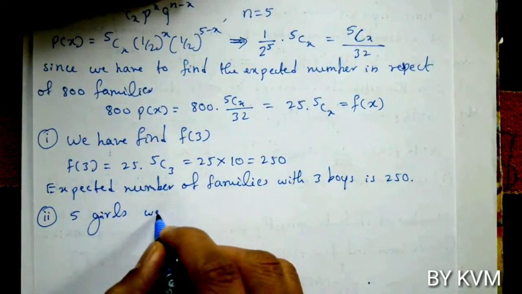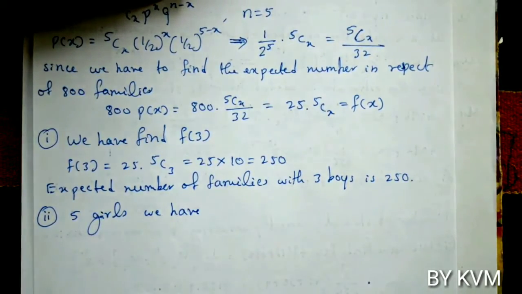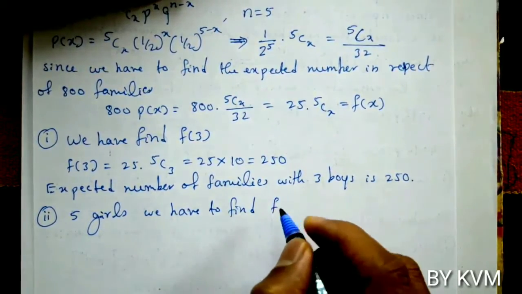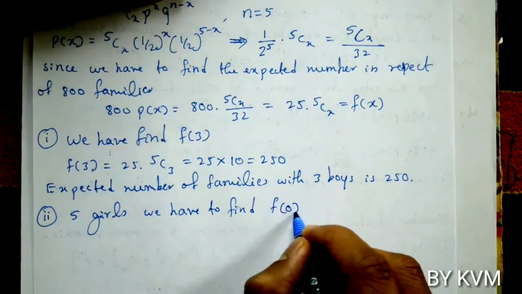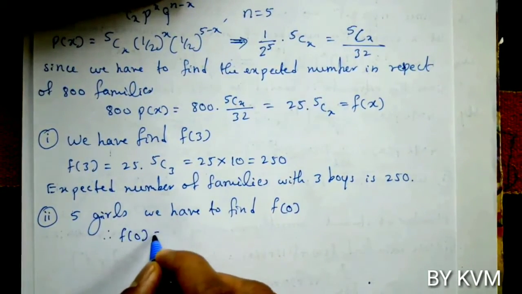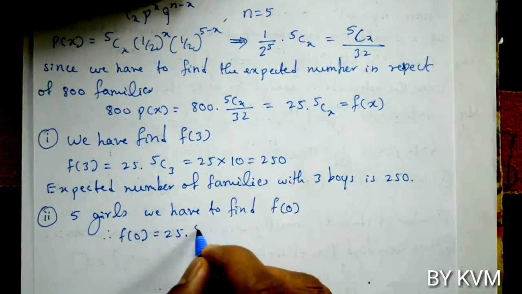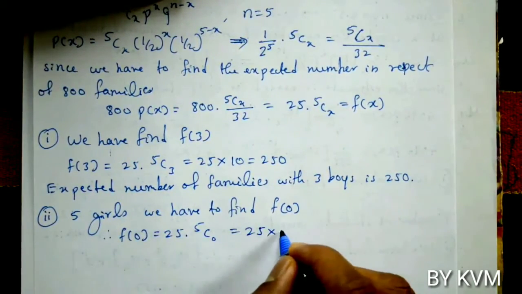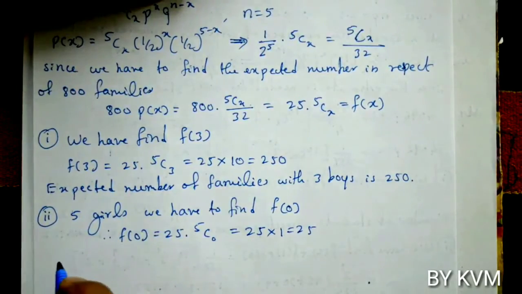Now, second case. So, probability of having 5 girls in 800 families. 5 girls, we have to find, means how many number of boys? 0 boys, x is 0, because here x denotes the number of boys. So, for 5 girls do not take f of 5, because we have taken x as the number of boys.